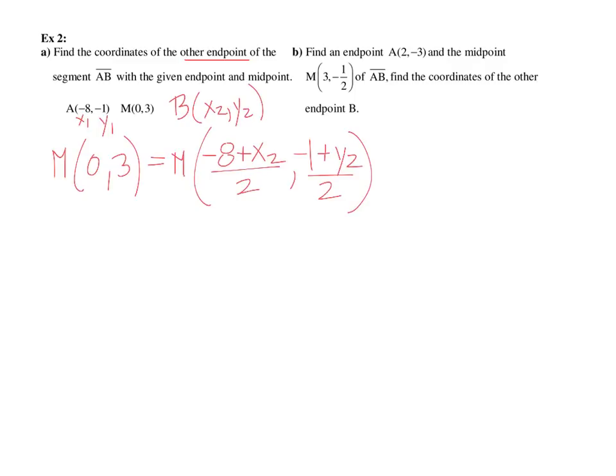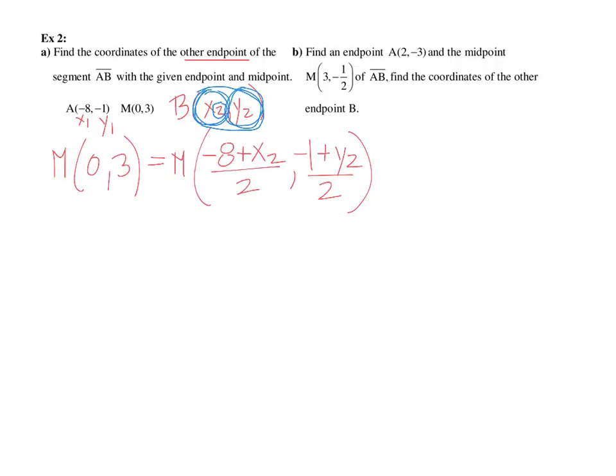And just to be clear, when you're describing this, this is called x sub 2, and this is called y sub 2. These little numbers here are known as subscripts. Okay? So that's x sub 2, and that's y sub 2. That's how you describe those values.